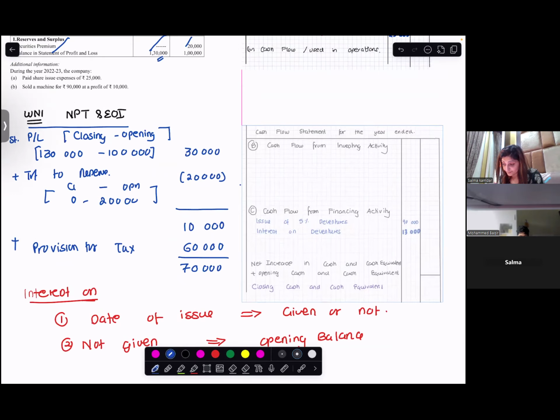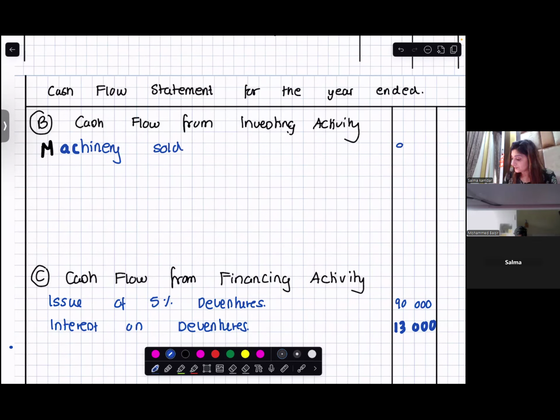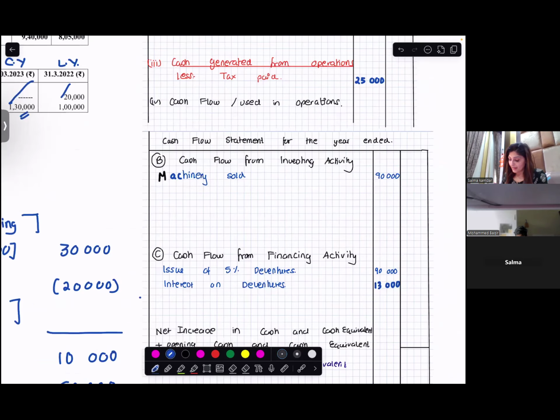Investing activity. So I will write inflow or outflow? Inflow. Very good. Now I've got the buying and selling.